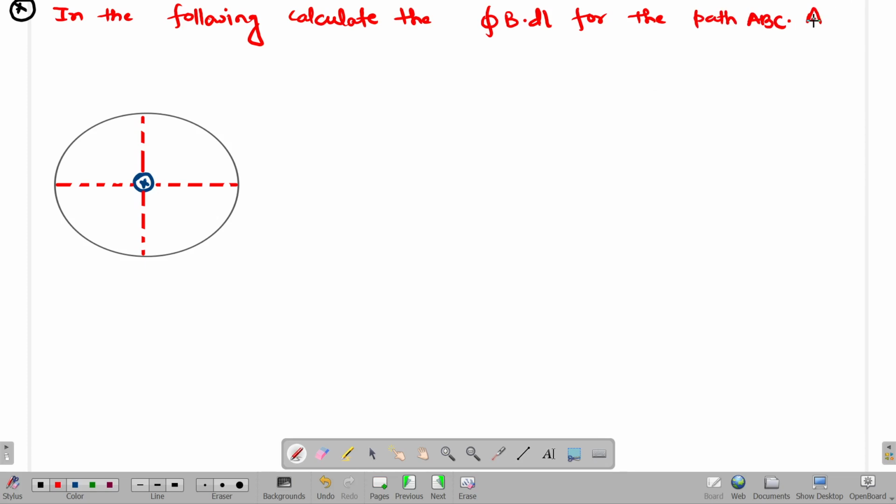When a very long wire carries current I, and it is perpendicular to the plane of paper.